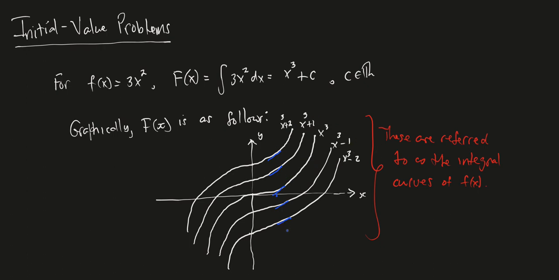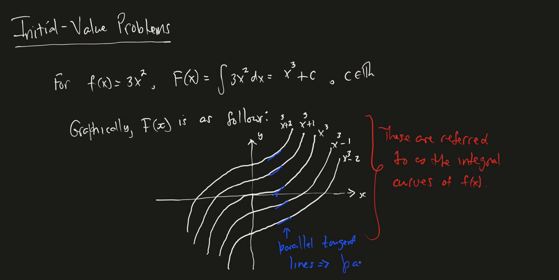So they all have parallel tangent lines, which implies that all these integral curves have the same slope, hence they're often referred to as parallel curves.